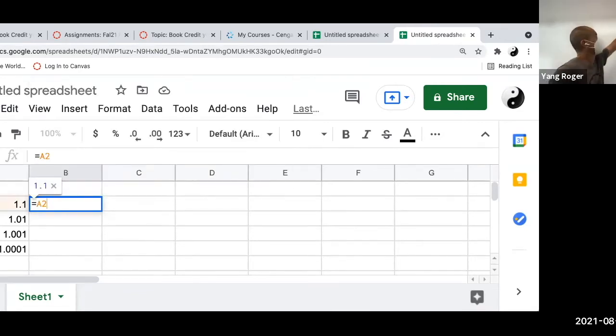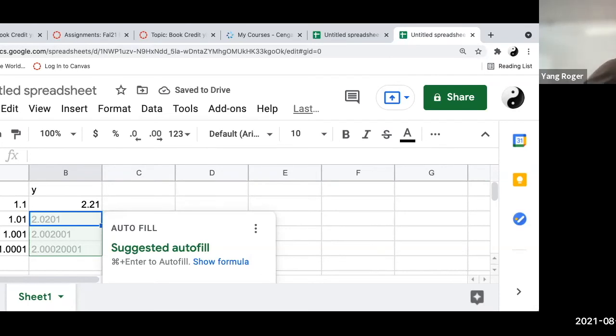And I want to square it. The way you get exponents is you put a little caret, and I'm going to put 2. And I want to add 1 to it, so I'm going to put plus 1. Does anyone have any questions before I hit enter? This is how I'd program the formula in. Okay. Now I'm going to hit enter.